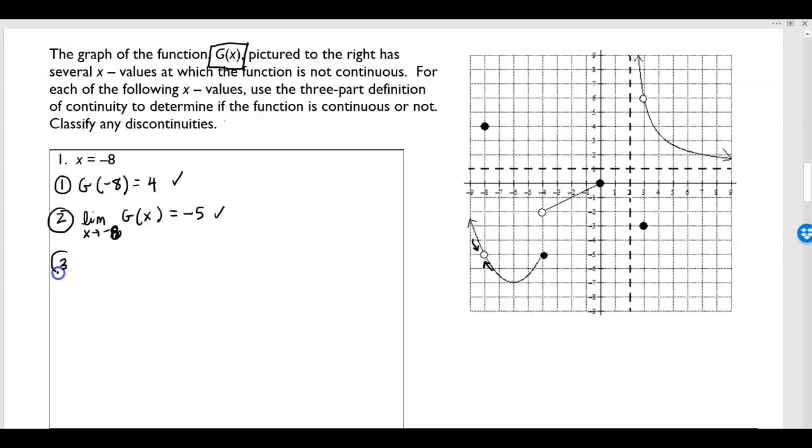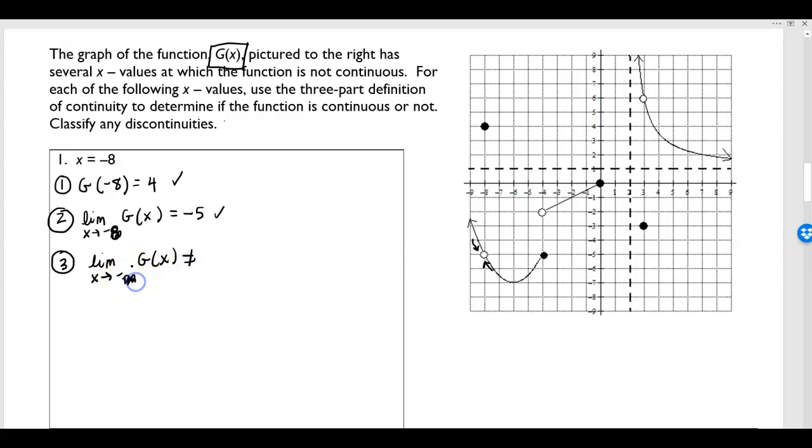The third thing I want to check is, were my answers for number 1 and number 2 the same? So number 1, I got g of -8 was 4. Number 2, my limit was -5. Those do not match. So I'm going to say the limit as x approaches -8 of g of x does not equal g of -8.